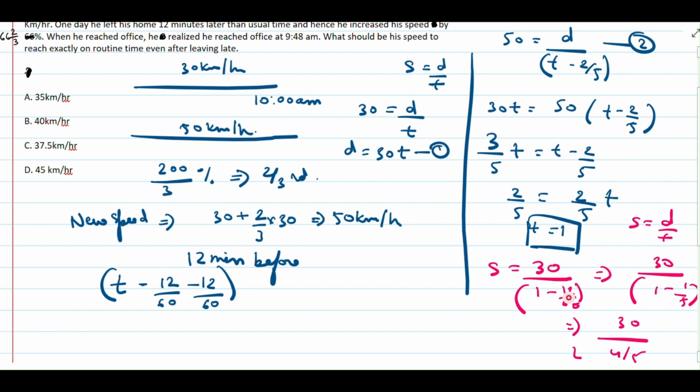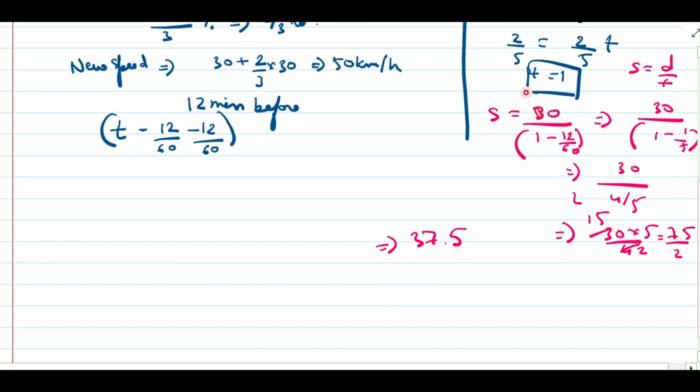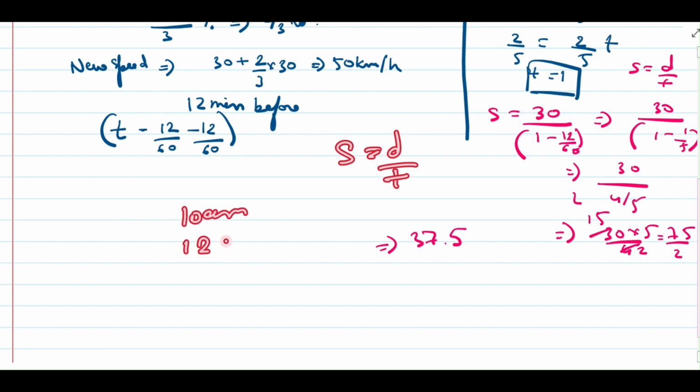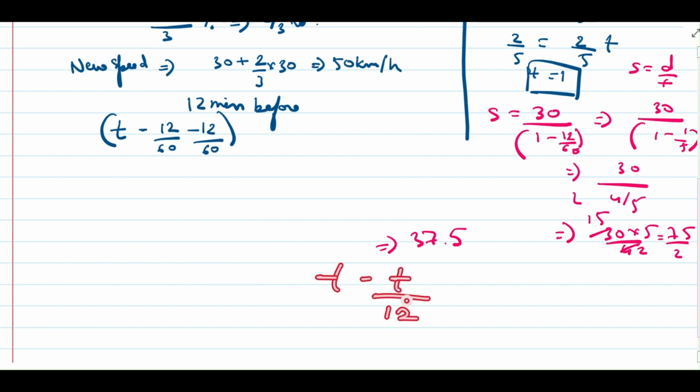Here we calculated the value of t, then put it in the second equation, and similarly we calculated s, the speed for the second trip. Speed equals distance upon time, and we want to reach at 10 a.m., and he is 12 minutes late, so the new time will be 1 minus 12/60.